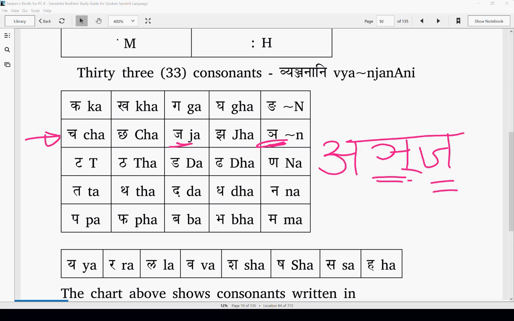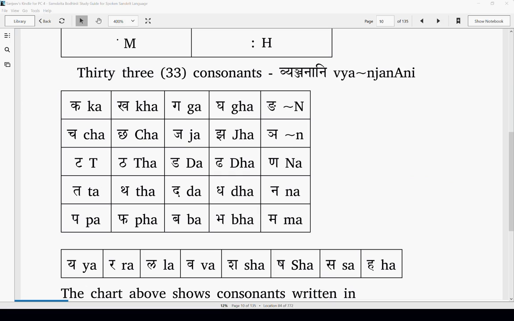Anja. We do not have to stop here. But together it is pronounced anja. It is not pure nasal. Similarly, this line. Example for this one is anka.